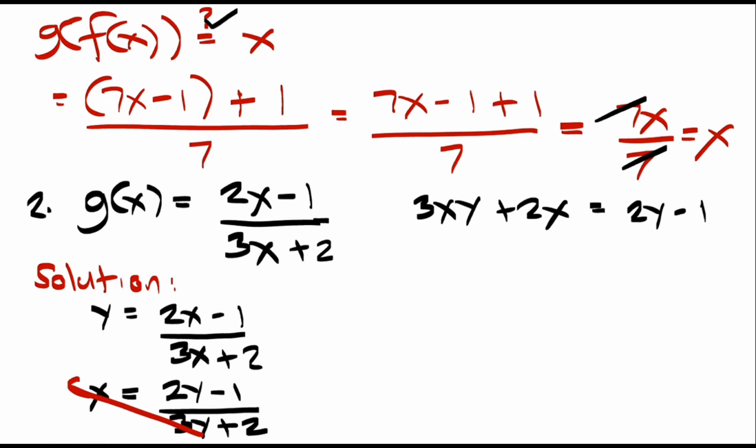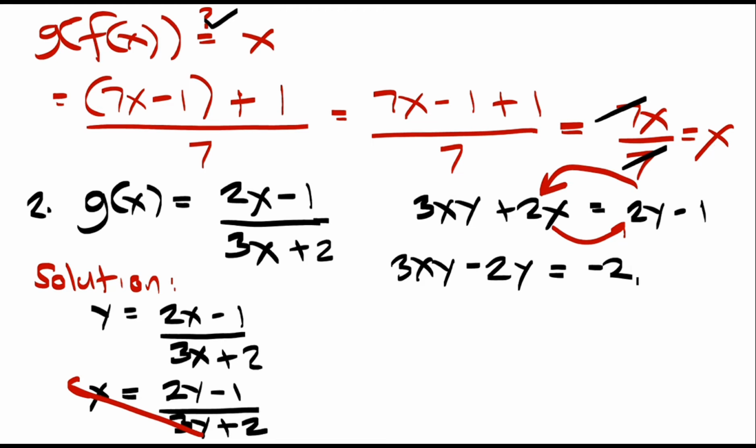So let us isolate the terms involving y at the left side. So that is by applying transposition. So you transpose 2y to the left side and 2x to the right side. So in doing so, we have 3xy minus 2y equals negative 2x minus 1.